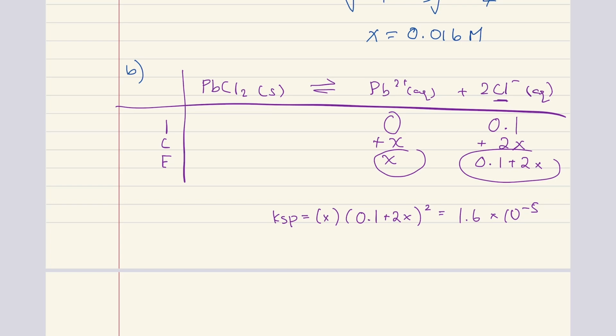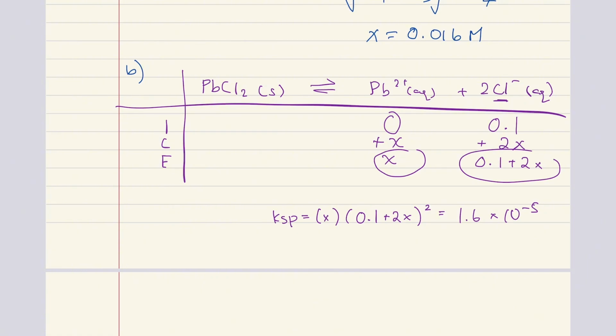Now you can take this expression, you can plug it into a calculator like Desmos calculator, and it can solve for X. But if you're trying to do this quickly and have the math be a little easier, we can simplify this expression. Chloride is a common ion, and we said it comes from two sources, sodium chloride and lead-2 chloride. Since it's a common ion, it represses the ionization of the lead-2 chloride salt.